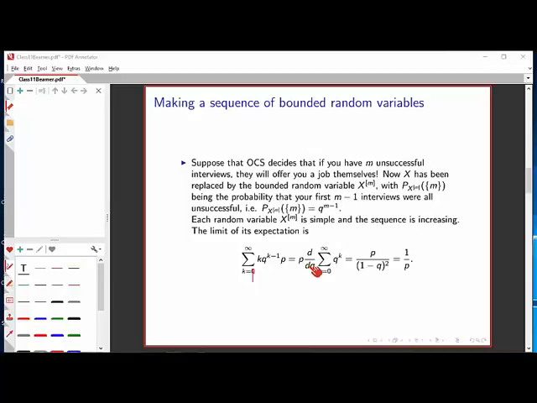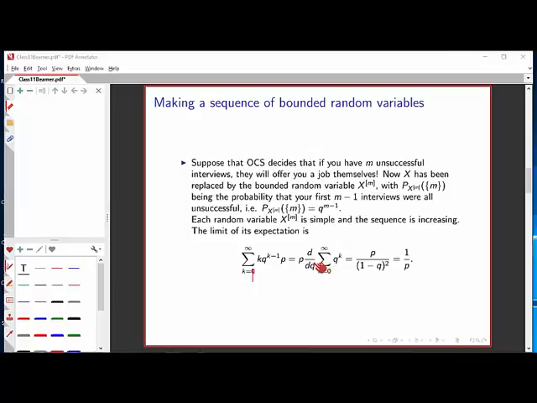P, of course, is a constant. We take it out, and if we differentiate that sum term by term, we will get 0 as the first term from differentiating q to the 0, and then from 1 to infinity, we will get the other terms in the sum. But this is a sum that we all know. It's the sum of a geometric series.